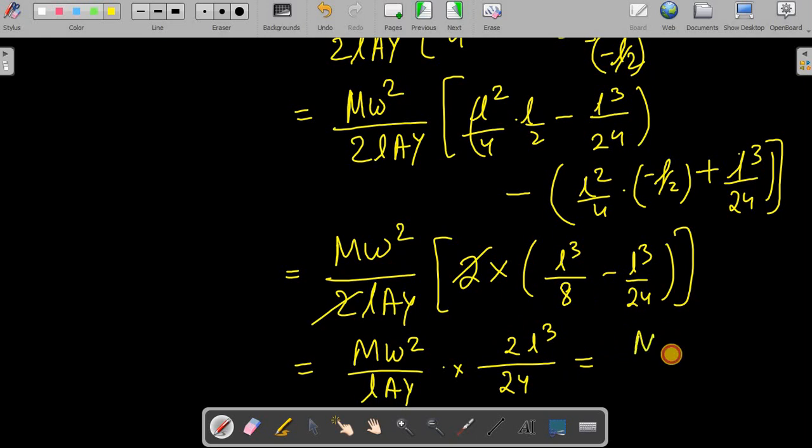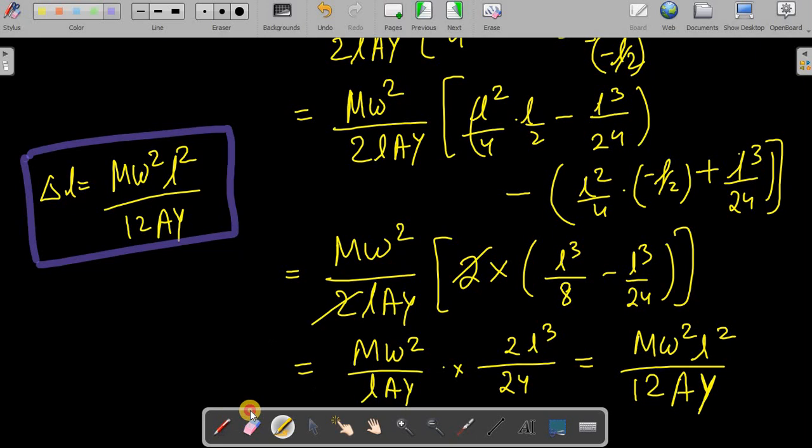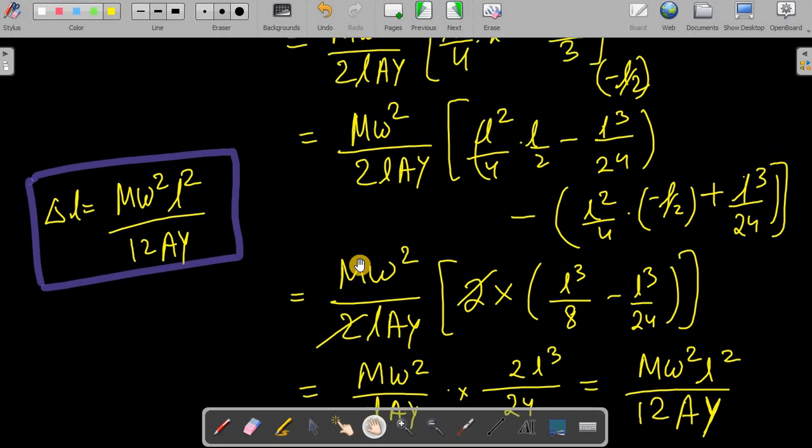So M omega squared L cube, one L will get cancelled, L square, over 12 A Y. Okay, that's the elongation due to rotation: M omega squared L squared by 12 A Y. We should know this. In the same approach, we can solve questions, right?